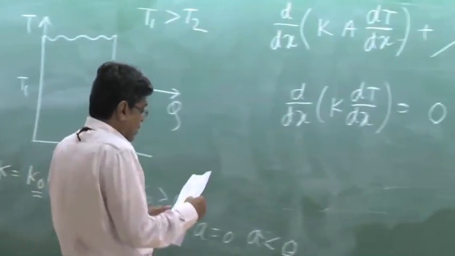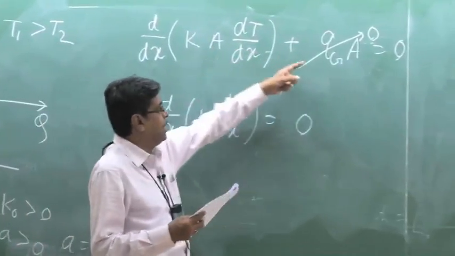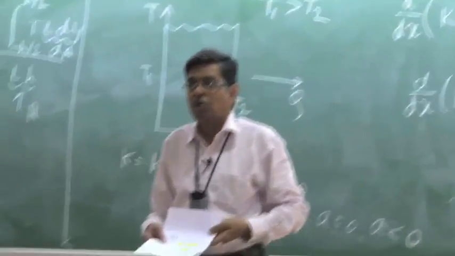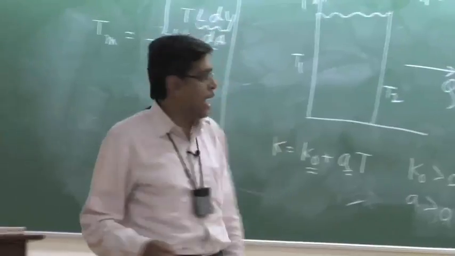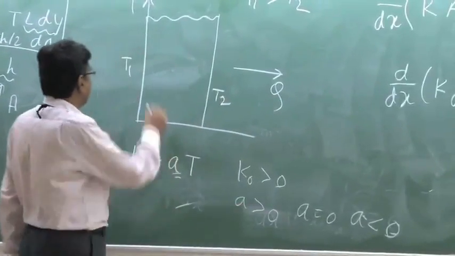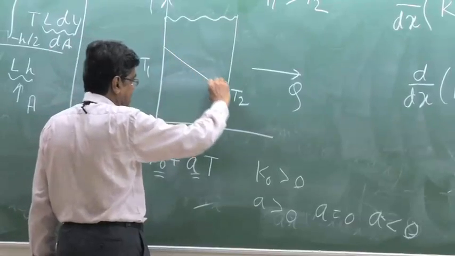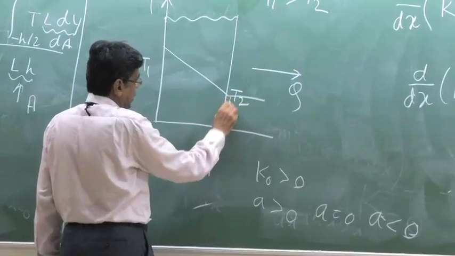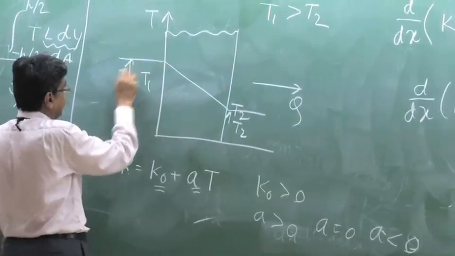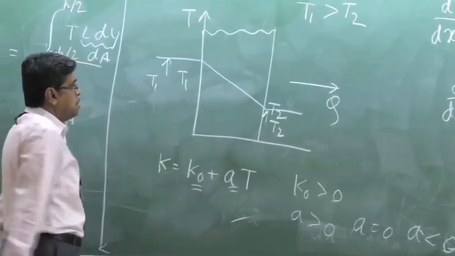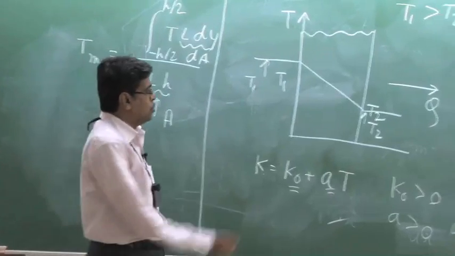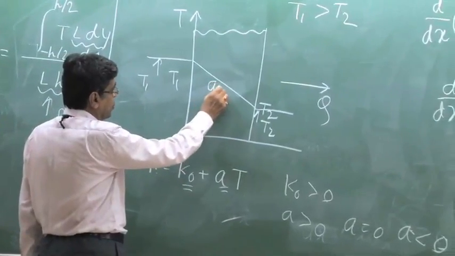Now here, since it is a plane wall without heat generation, I can start from here. If K is constant, that is A is 0, then it is a linear profile. It is like this: this is the temperature scale, T2 and T1. So this is linear when A equals 0.